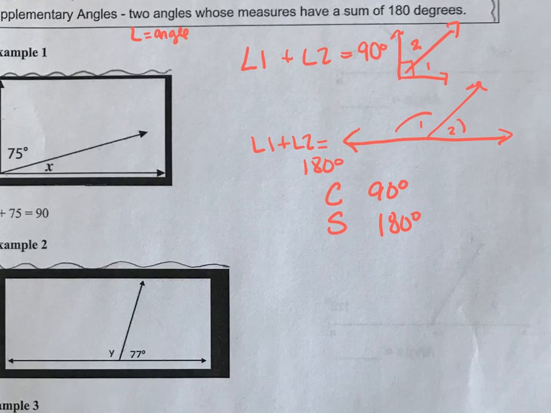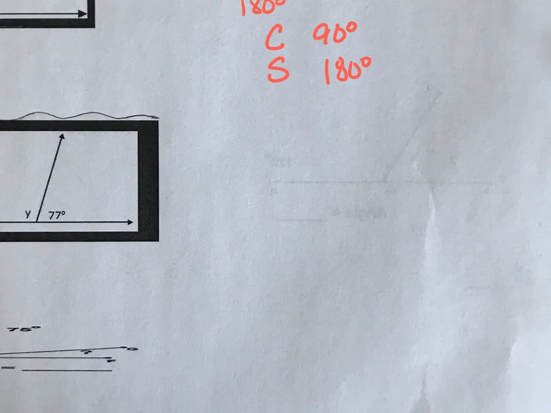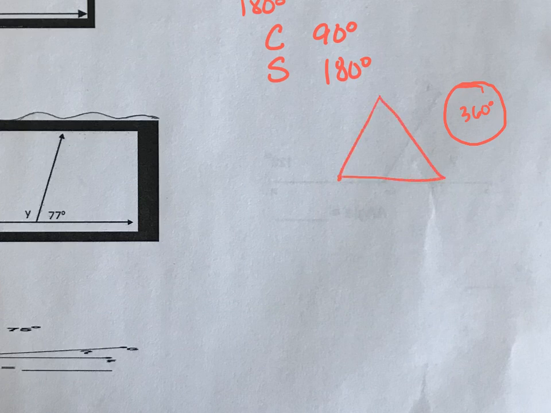Okay, so I want to review a couple more things because I think y'all may have forgotten them in the past. How many degrees are in a circle? 360. If I turn all the way around, I'm turning 360 degrees, right? How many degrees are in a triangle? 180 degrees.